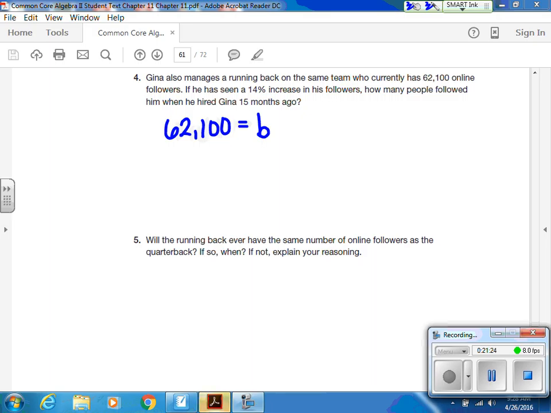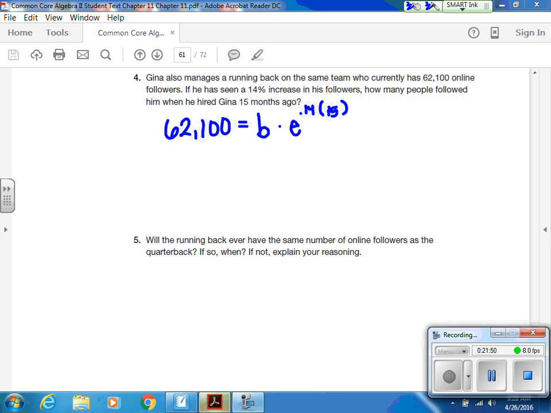So it's B times e to the, what's the rate? 0.14. And the time? 15. It's not going to be negative, because once we work it out, it'll be a smaller number once you do your division.